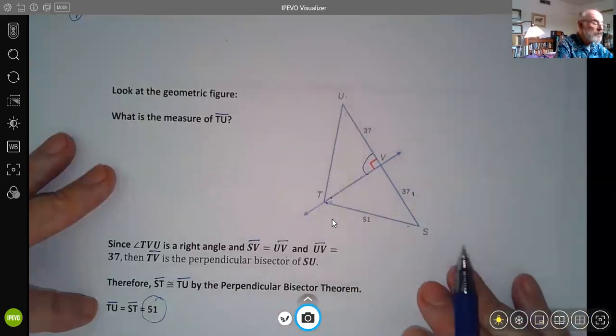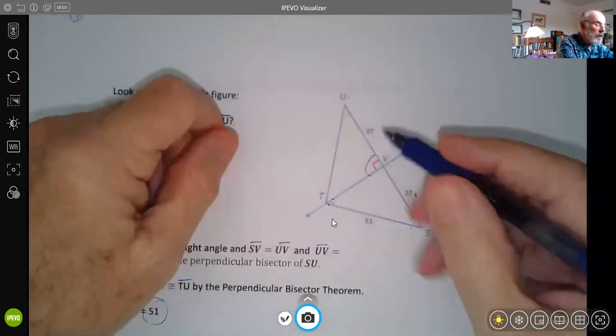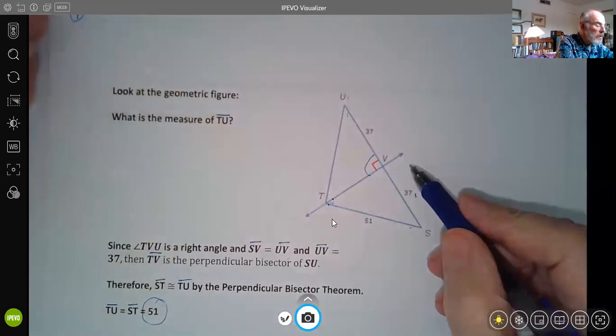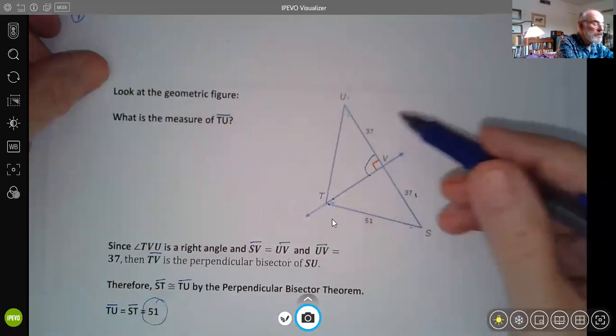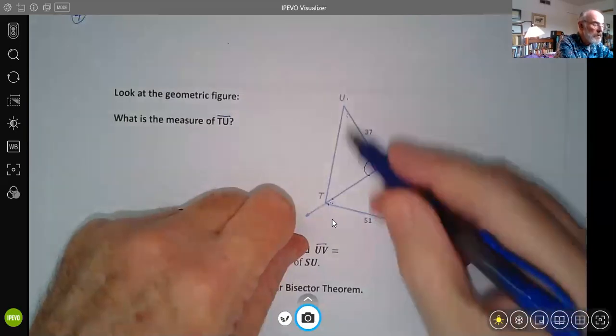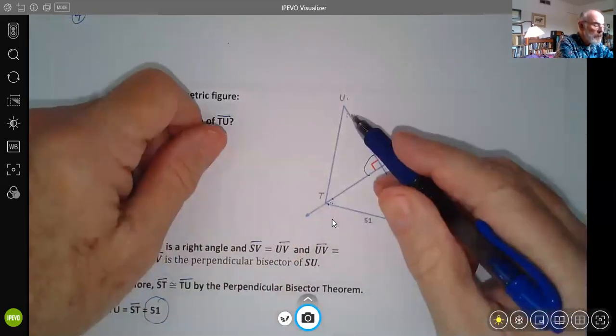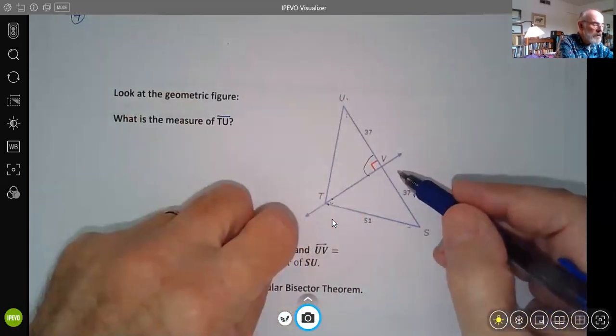Okay? So take a look at this, and again, think about this like a bow and arrow. TV is your arrow. SU is your bow. You pull the arrow back. This is the string that goes from U to T to S. And if you pull it back, you have to pull it back straight.